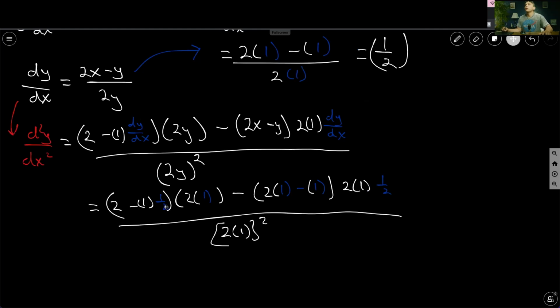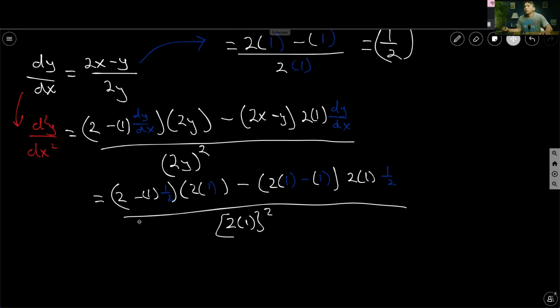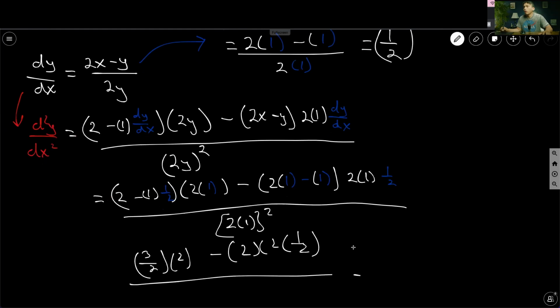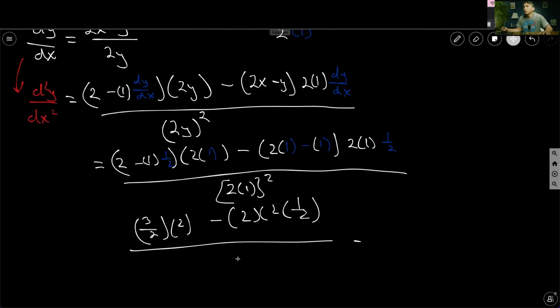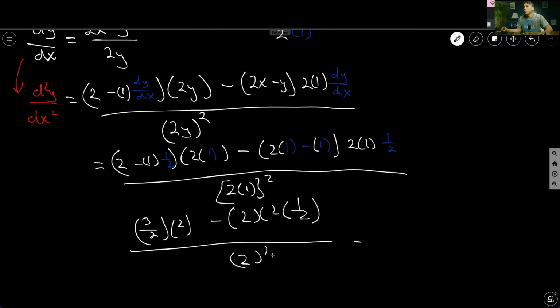So let's clean everything up. So over here we have 2 minus 1/2 is going to be 3/2. So you have 3/2 times 2 minus over here you have 2 times 2 times 1/2, all over, down here you just have 2 squared.